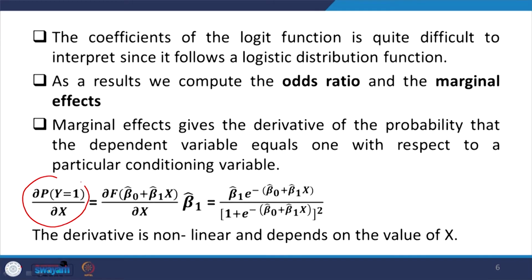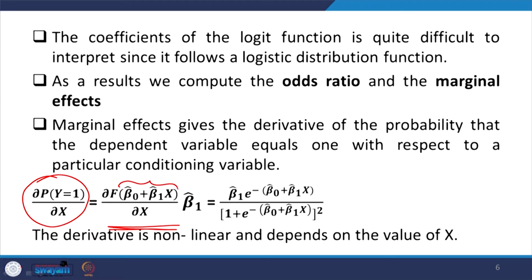Here I am now discussing the partial derivative of the dependent variable with respect to the independent variable. When we take the partial derivative, it will be dy by dx on the right hand side. Look at this carefully: dy is nothing but the cumulative distribution function, the logistic distribution function.